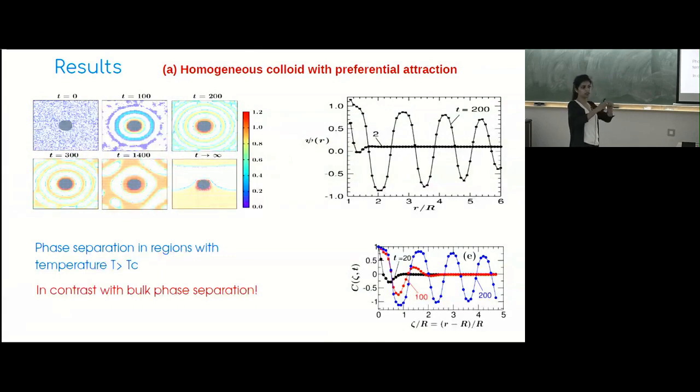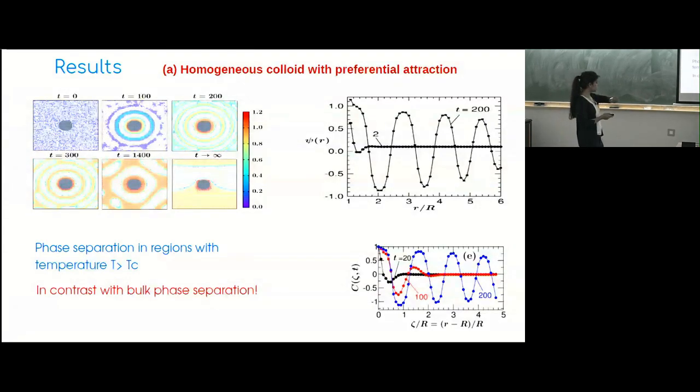This was also predicted in experiments in Steve Granick's group long back. The usual understanding is that it happens because of the Soret effect, or this temperature gradient, which facilitates the formation of structure at temperatures higher than the critical temperature.